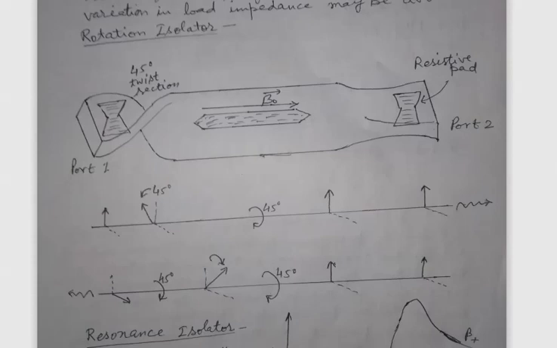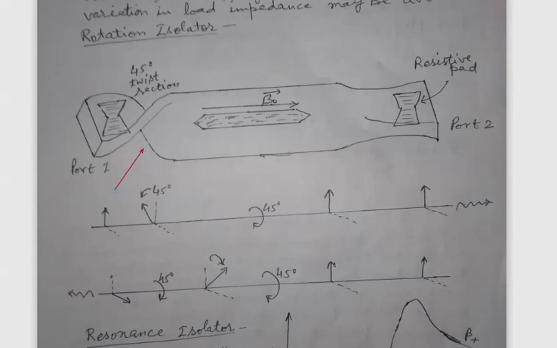The input and output ports are rectangular waveguides, and in the middle there is a circular or cylindrical waveguide. The input rectangular waveguide is connected to the circular waveguide with a 45-degree twist section, and the input and the output ports are oriented in the same planes.